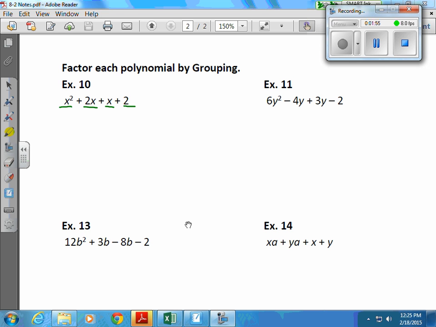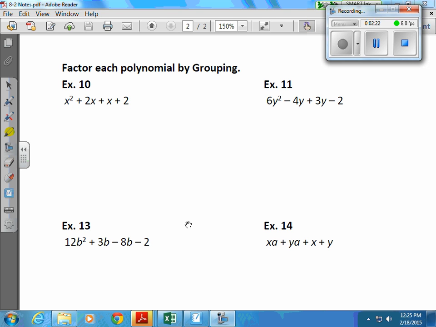And we're going to pair them up so that both pairs have something in common. So these first two terms both have an x, but there's nothing in common between the last two terms. So let's try a different combination.